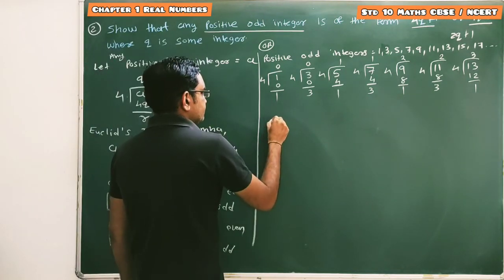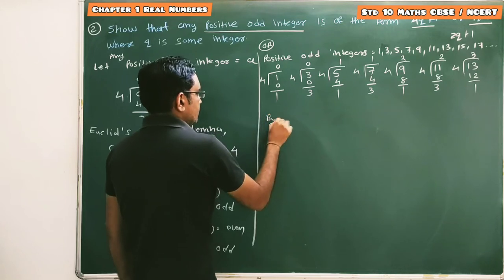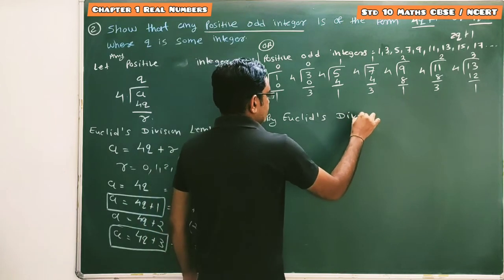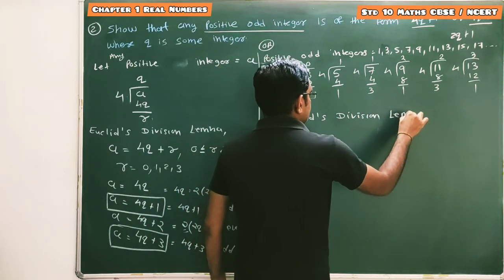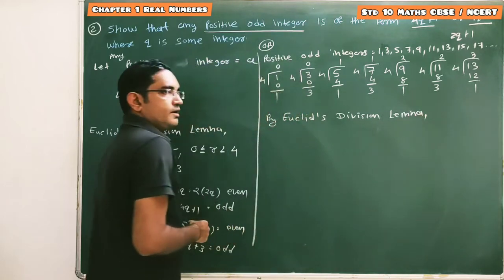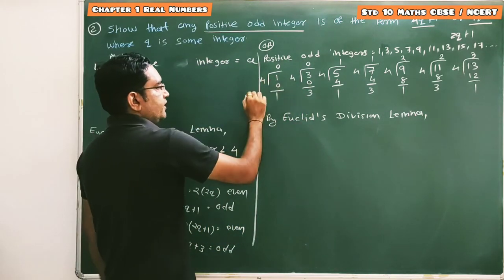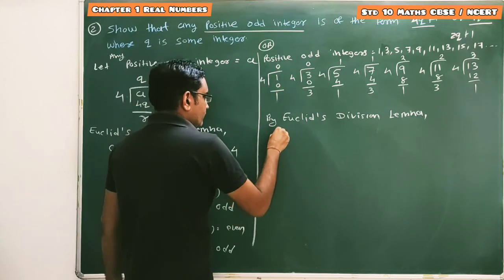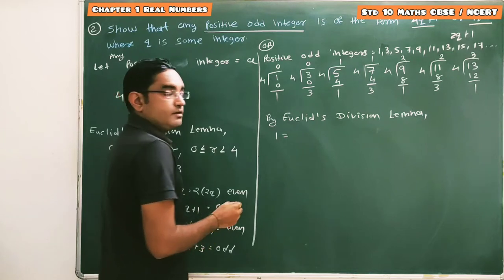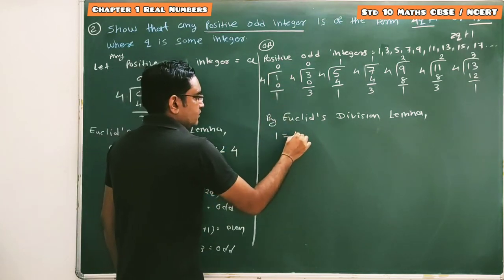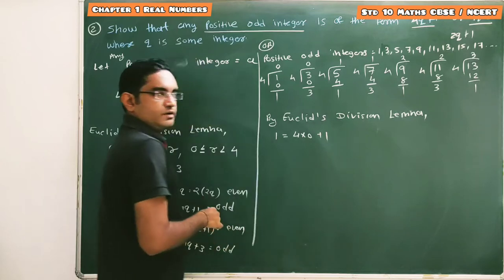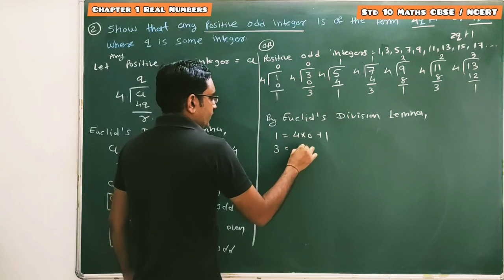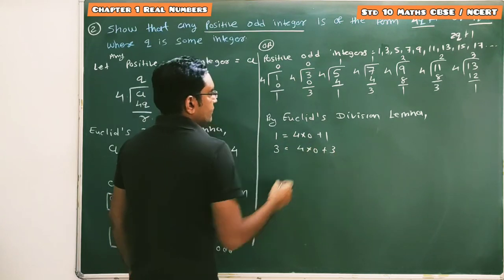So now we can write by using Euclid's division lemma. What can we write by using Euclid's division lemma? The dividend can be written as the product of the divisor and quotient, plus remainder. So 1 can be written as 4 into 0 plus 1. By the same way, 3 can be written as 4 into 0 plus 3.